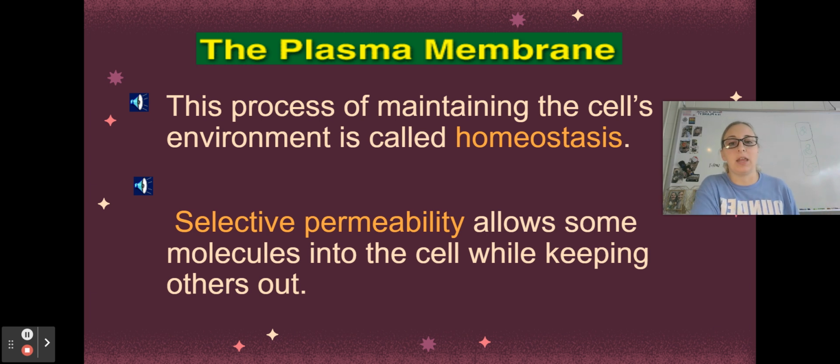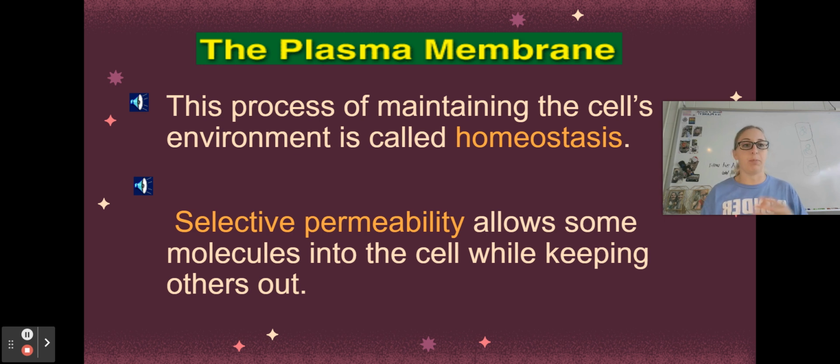Selective permeability, and we've talked about this before we took our vocab quiz. If something is selective, that means it's choosy, it's picky. So like colleges can be selective. The early college program can be selective. We can pick and choose, like colleges, the students that they want. They can reject students that they don't want.